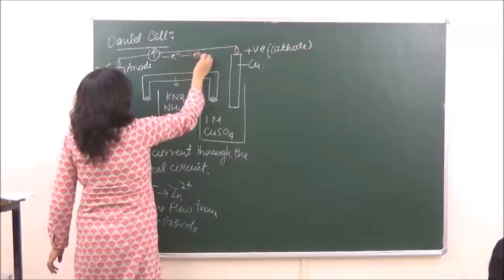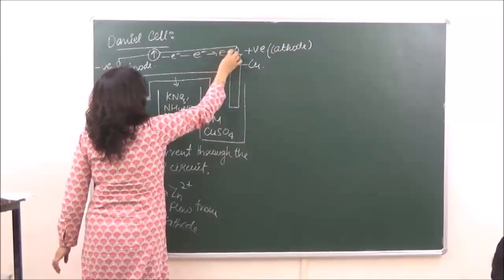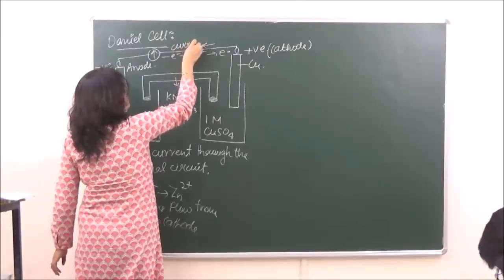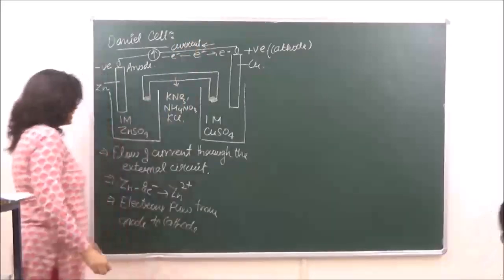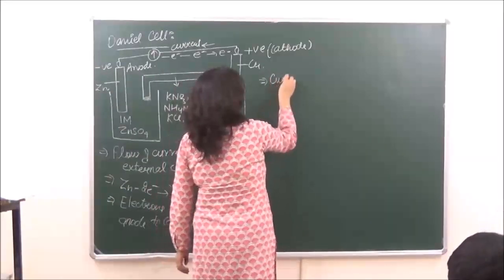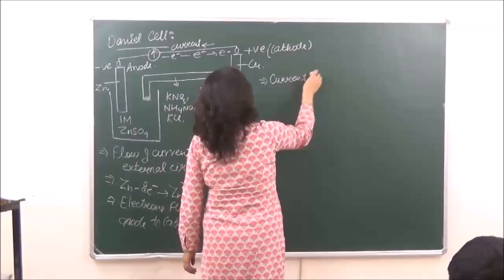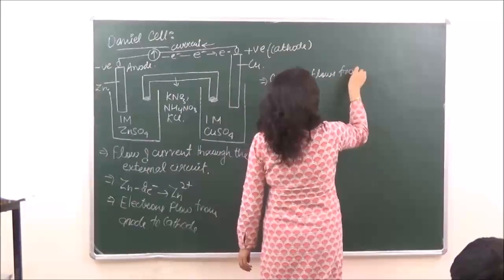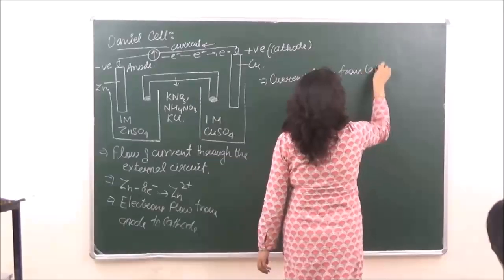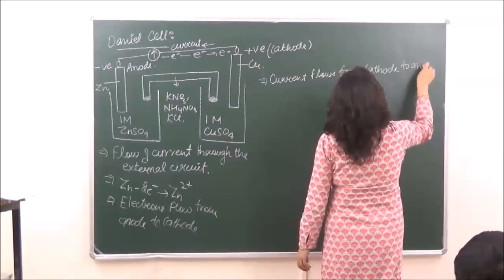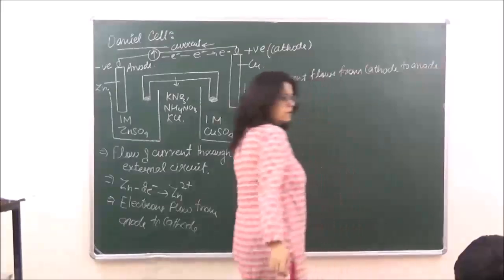Right? Now if this is the galvanometer and electrons are flowing from anode to cathode, we know that current is going to flow in the opposite direction. Therefore we say that current flows from cathode to anode.